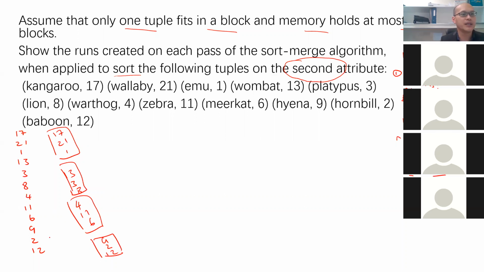So this is my divide step. 4 runs, R1, R2, R3, R4.